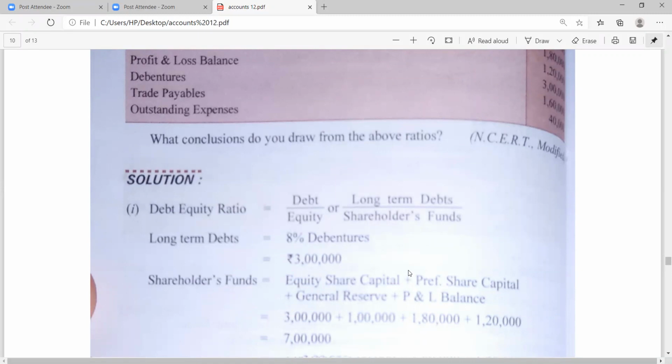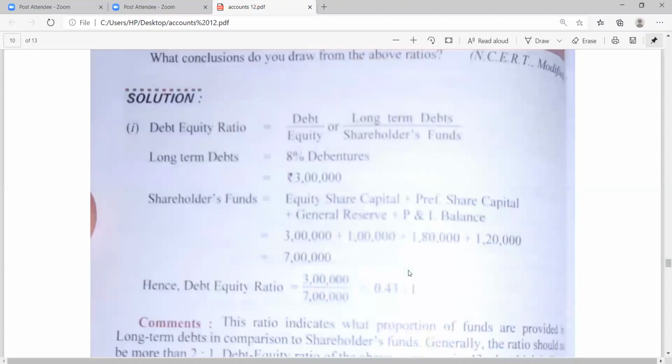If I talk about the shareholder fund, it will be equity share capital, preference share capital, general reserve, and profit and loss balance. By putting the values in the formula, we will get the value of the ratio, that is 0.43 to 1, by dividing the 3 lakh by 7 lakh.